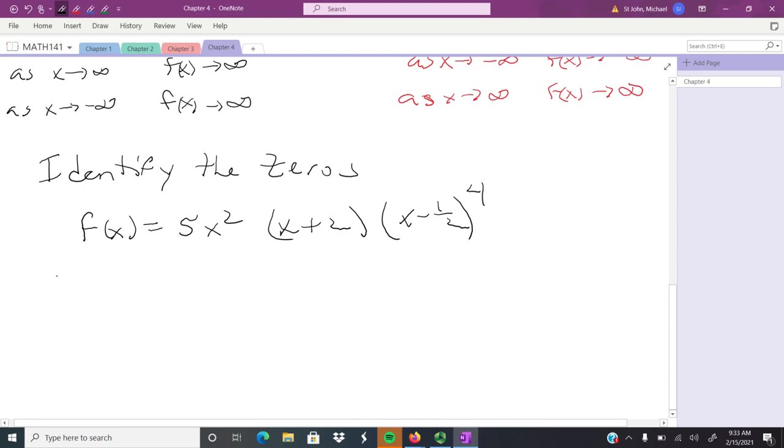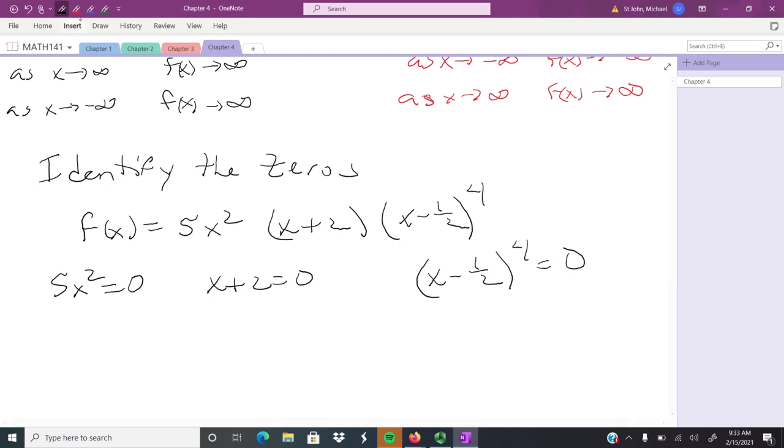Well, let's see, the zeros, that would mean either 5x squared could equal 0, x plus 2 could equal 0, or x minus 1/2 to the 4th could equal 0. So we're going to solve each one of these. So divide by 5, divide by 5. And then here we will subtract 2. And there we'll take the 4th root.